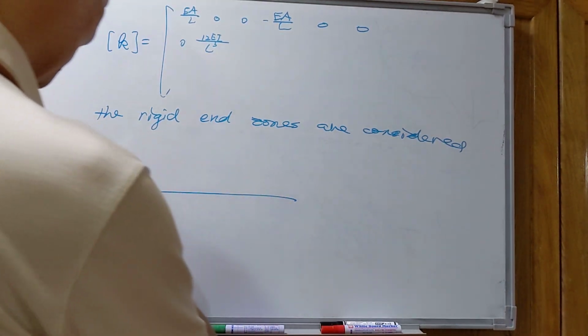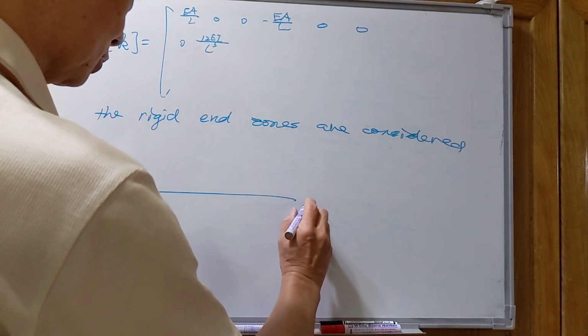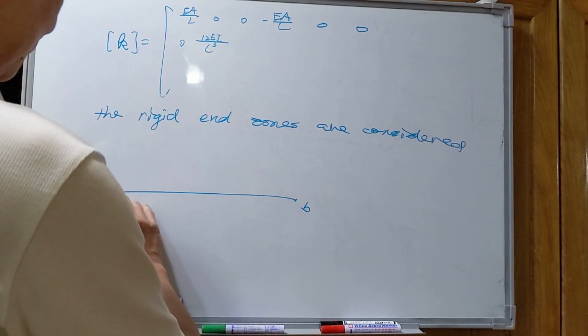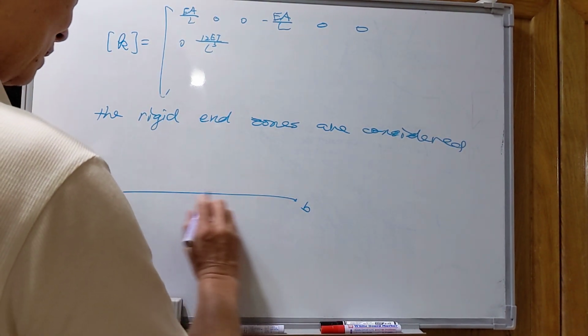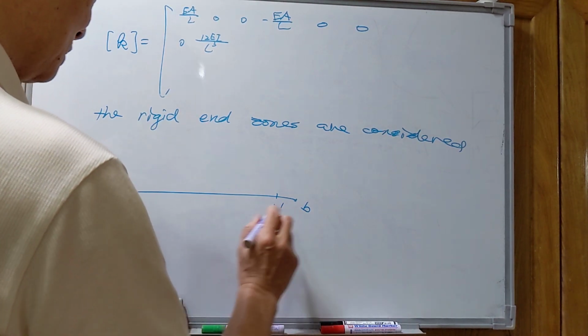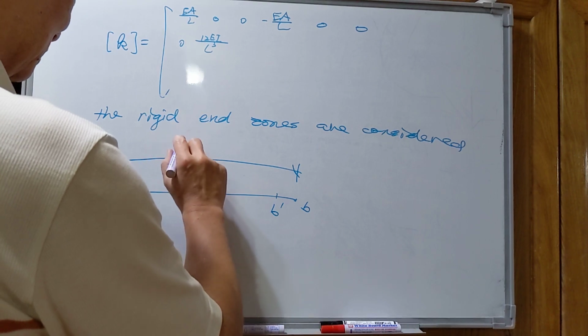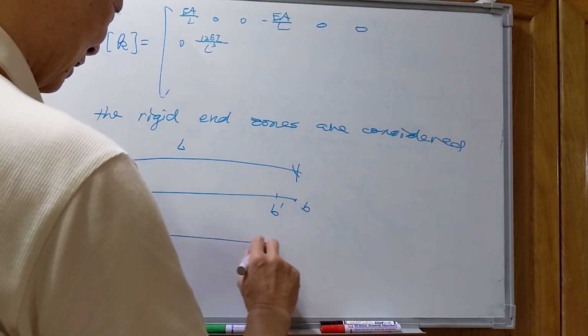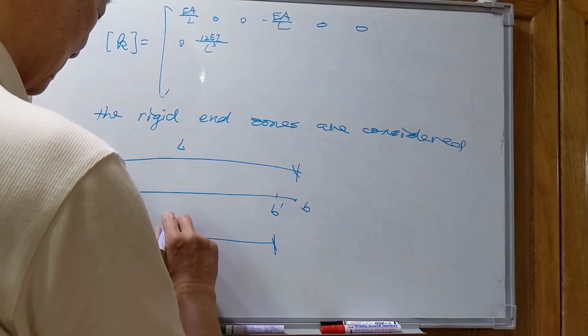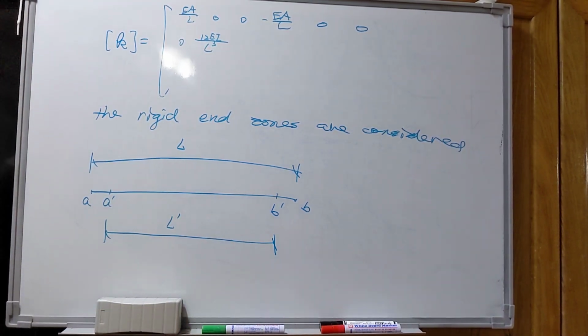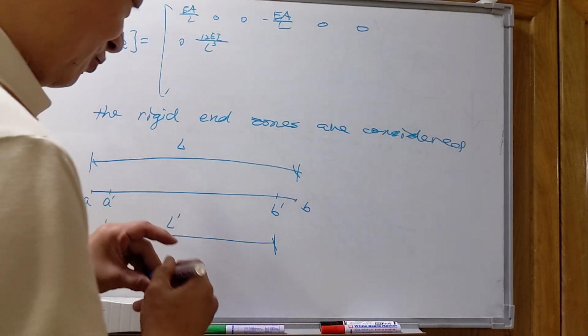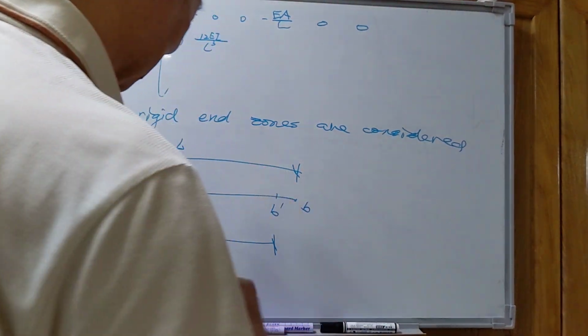Here is node point A to node point B. Let's say we have A prime and B prime. We have the L, which is from A to B. Also, we have the L prime, which is from A prime to B prime.